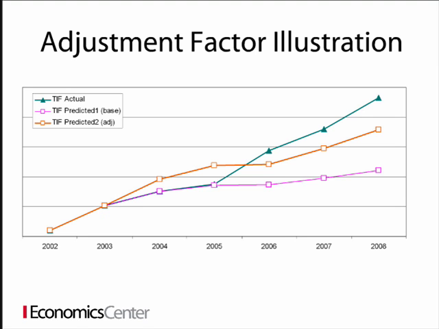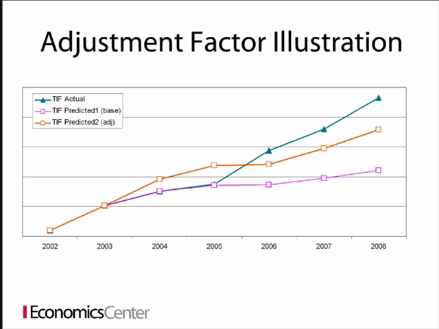So the user can, in this way, create optimistic and pessimistic forecasts using the adjustment factor and the ability to force a current estimate.